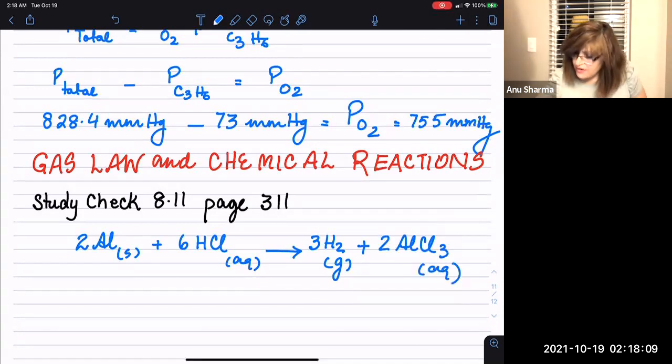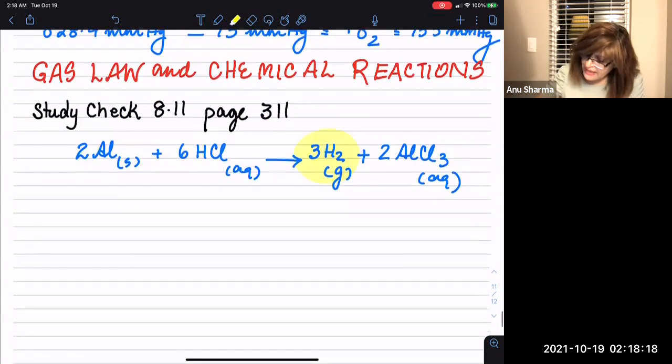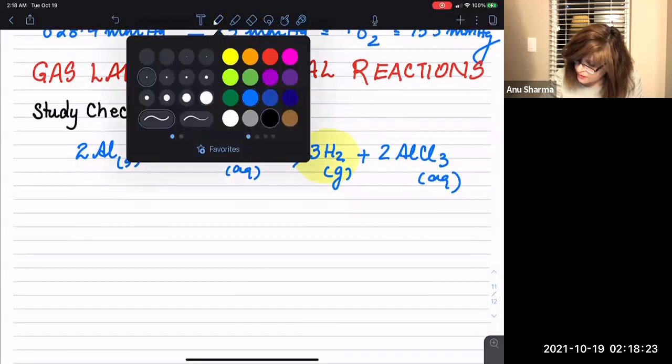So in other words, we are focusing on, since this is a gas laws chapter, gas, hydrogen gas. Okay, so now the question is, let's write this down here.